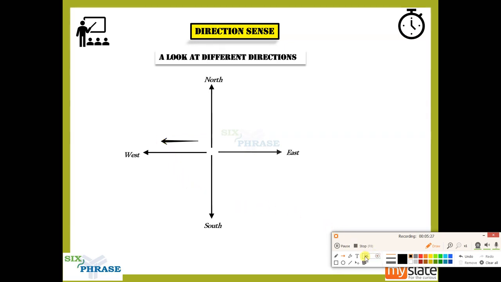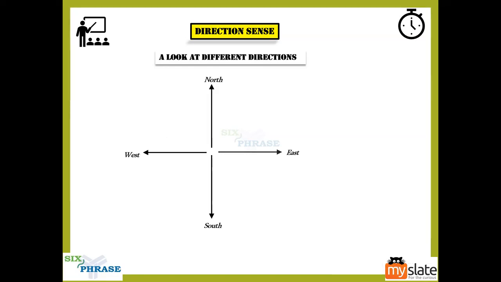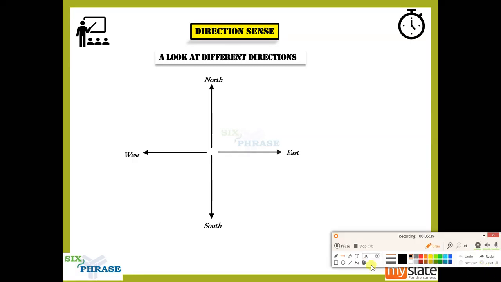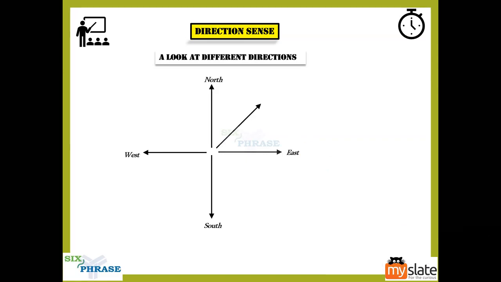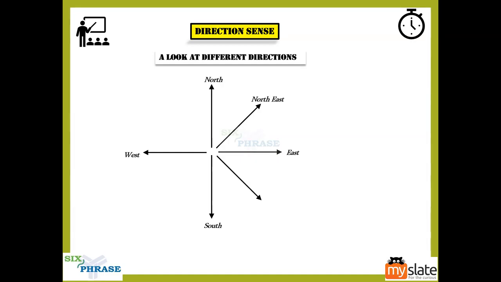I'd also like to take this further, guys, and give you four more directions. The direction that is between north and east. Look at this. This is where you find north, right? This is where you find east. The direction between north and east is what we call northeast. The direction between south and east, we call southeast.